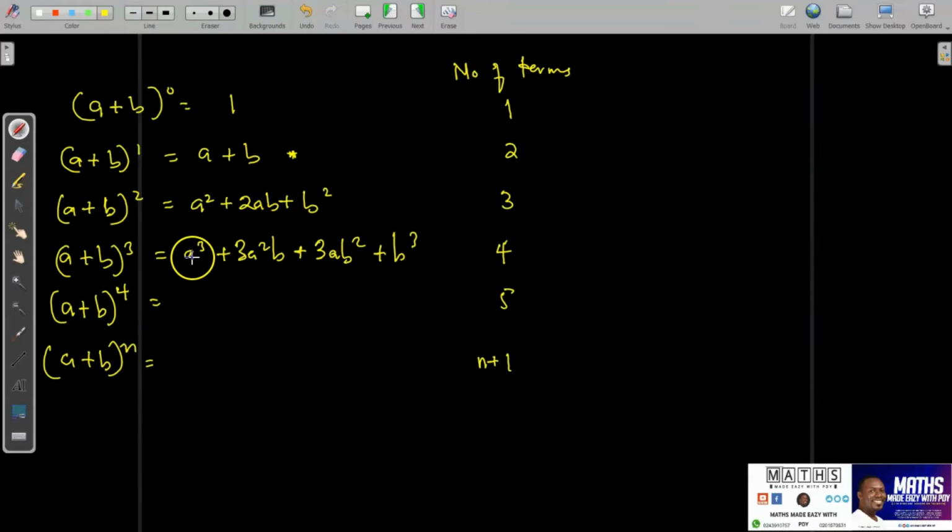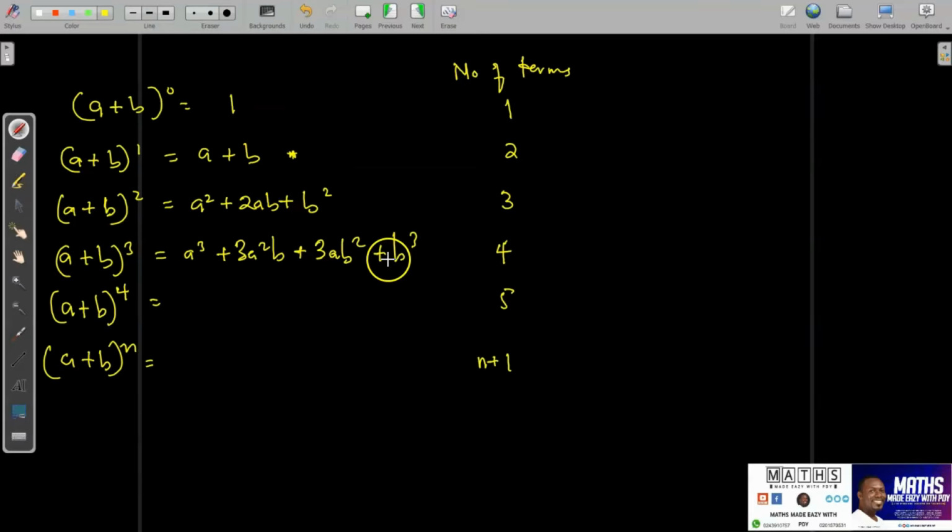We have a cubed, then we came to what? A squared. Then we came to what? A. Then over here there's a there, but that a has a power of 0. Because if you look at it, you have a cubed reducing to squared, reducing to power 1, and then reducing to power 0.